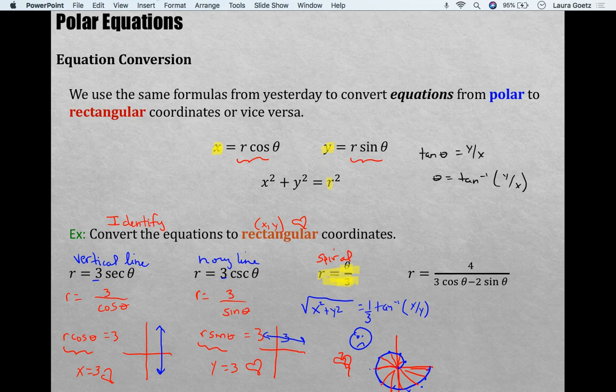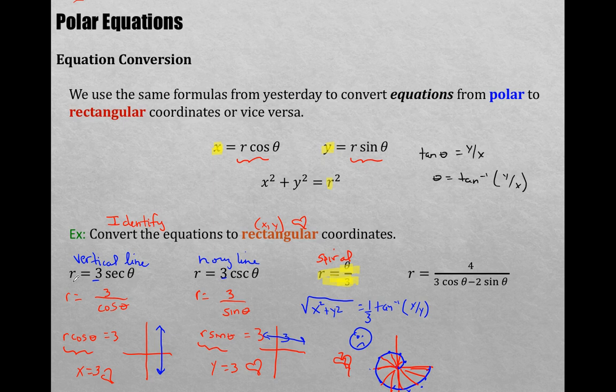Well, think about what we did over here. Didn't we multiply to get the trig stuff over with r? Can we do that here? Let me draw a little line here. What if you multiply both sides by this whole denominator?